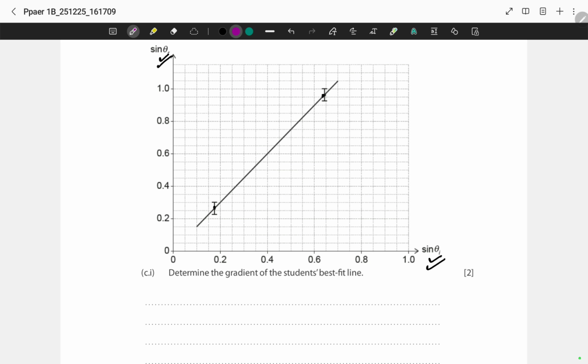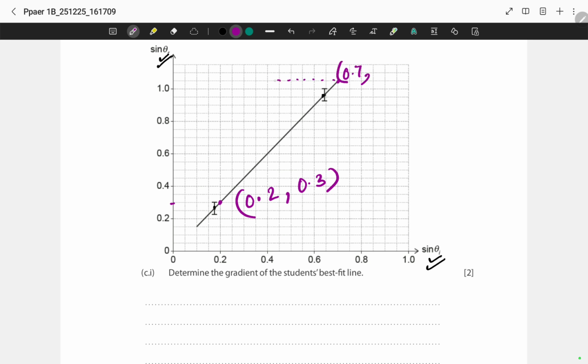To find the gradient, make sure that you take 2 points which are a good distance away from each other, at least more than half of that line. The 2 points that I choose: one point is this, which I can call 0.2, 0.3, and the other point that I choose is this, which is 0.7, comma.